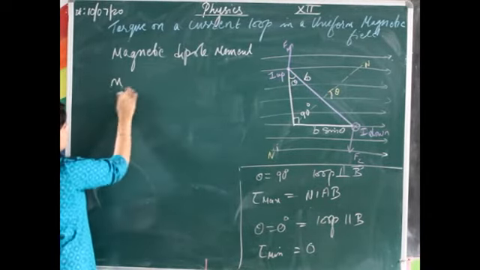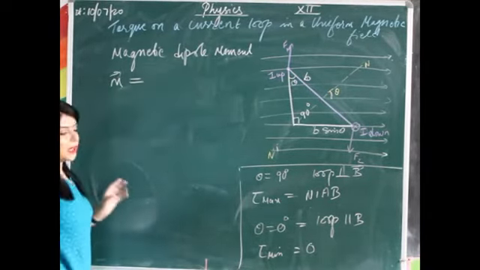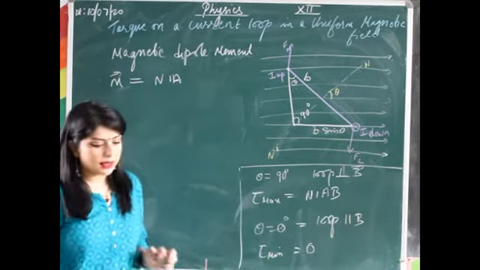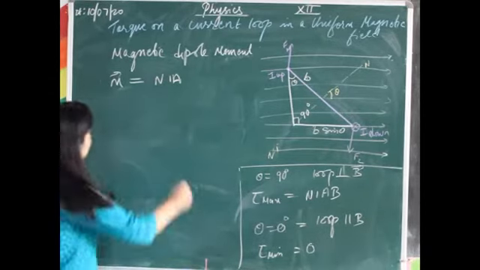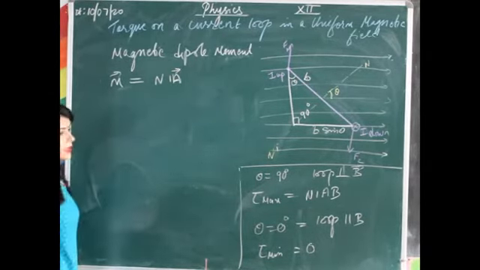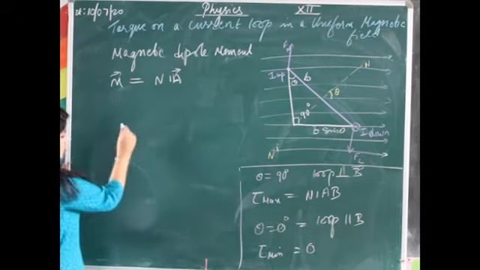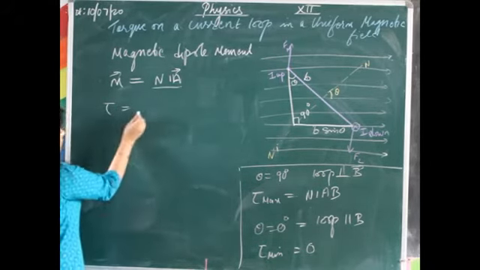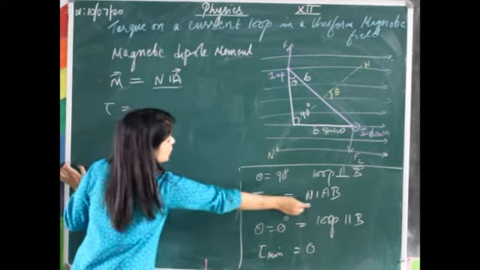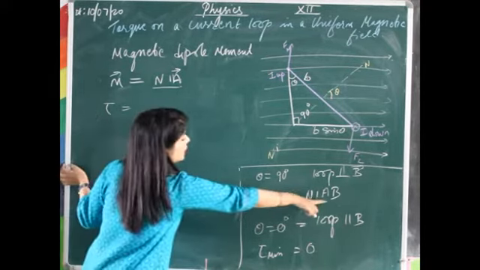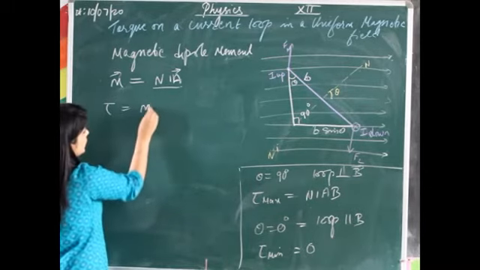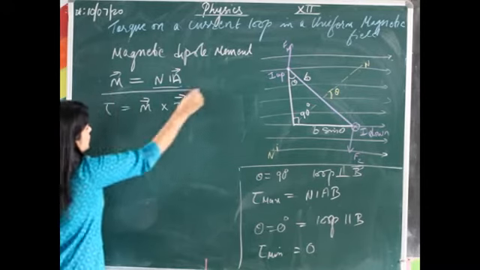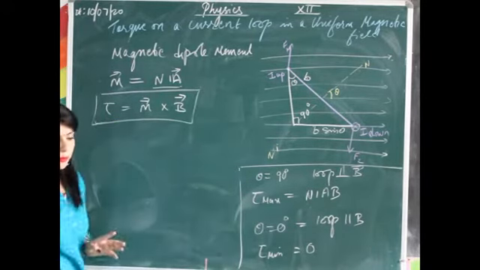It is denoted by small m, and the value of magnetic dipole moment is NIA. If in place of NIA you write the magnetic dipole moment, you can write the torque as M cross B. This will be in terms of magnetic dipole moment.